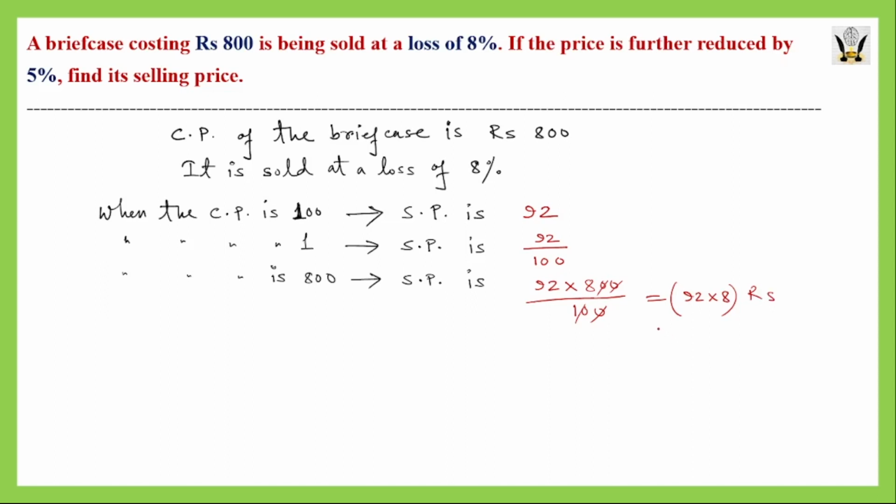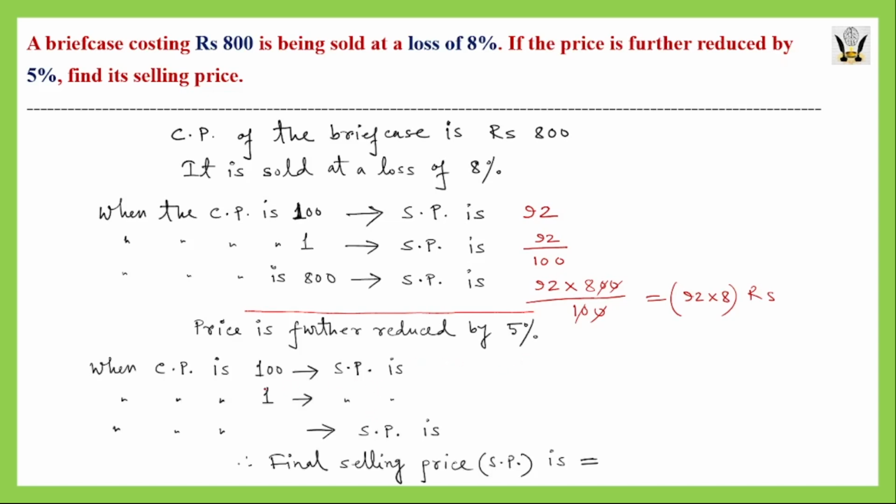And now after selling for one round, the price of that briefcase is further reduced by 5%. So the price is now 92 multiplied by 8, whatever the amount is, and that price is further reduced by 5%. So if the price is 100, then the next price will be 5 less than 100.